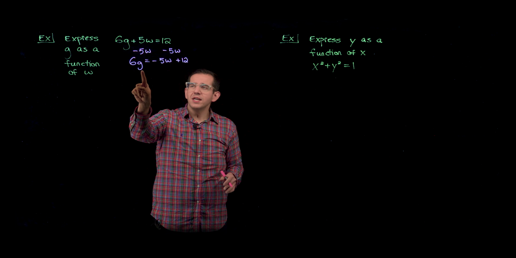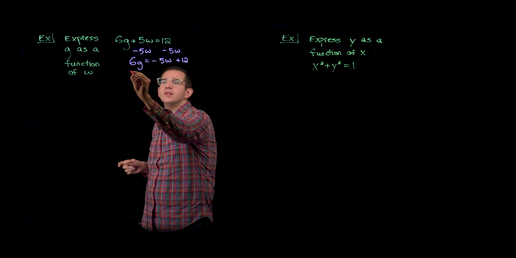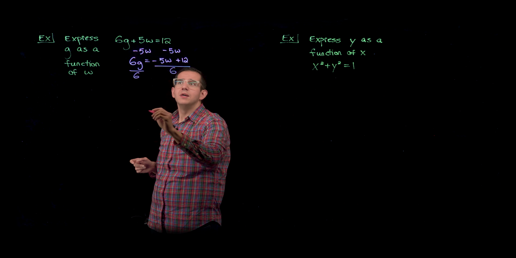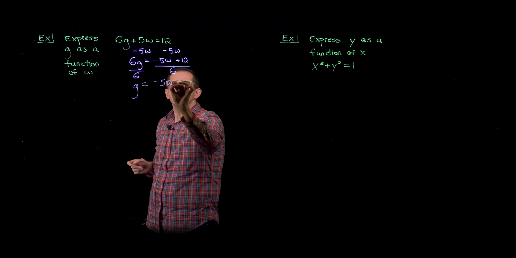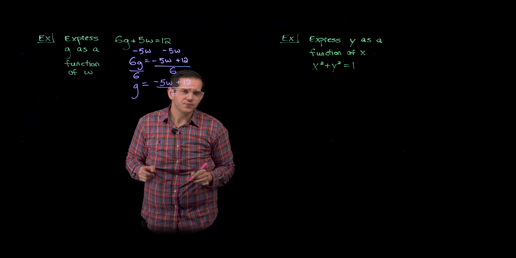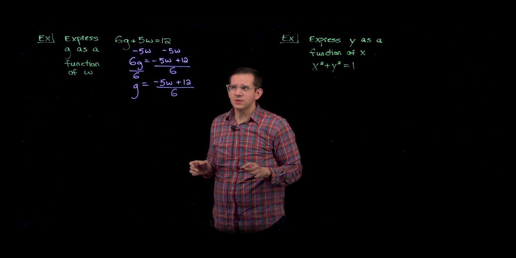To get g isolated, we need to get rid of this 6. Since it's being multiplied, we are going to divide each side of the equation by 6 to leave us with g equals negative 5w plus 12 over 6. And it's perfectly okay to leave it just like this because this doesn't simplify at all.